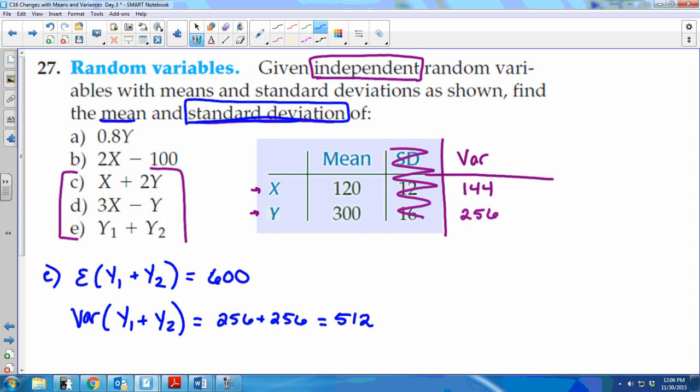Y plus y would be different than 2 times y because we wouldn't be able to just multiply by 2. We'd have to do 2 squared. So be careful about that. And then, so then what is the standard deviation going to be? Square root of 512. All right. Questions about those?